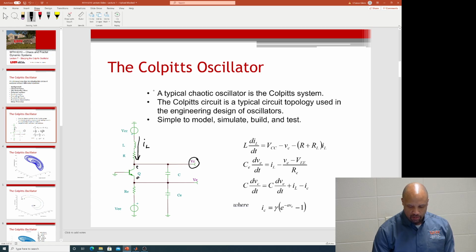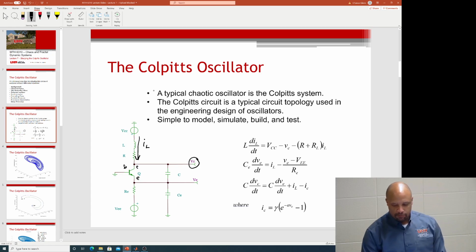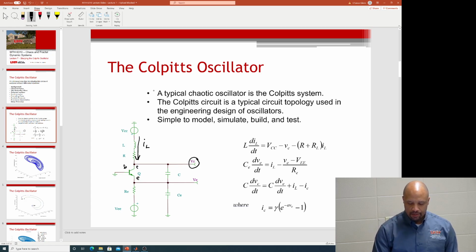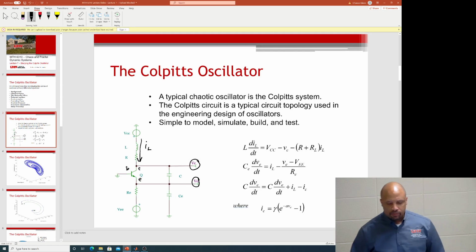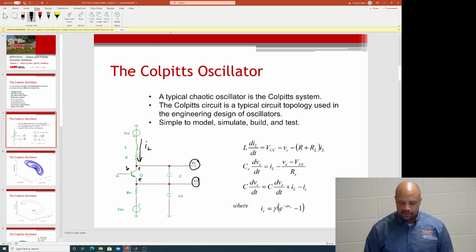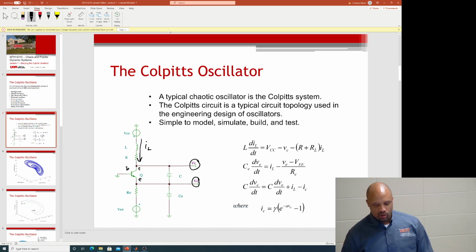This is the emitter of the transistor and the base. So the collector voltage is V sub C, and the emitter voltage is V sub E. Okay? So with all that in place, you set up these equations that tell you what's going on.